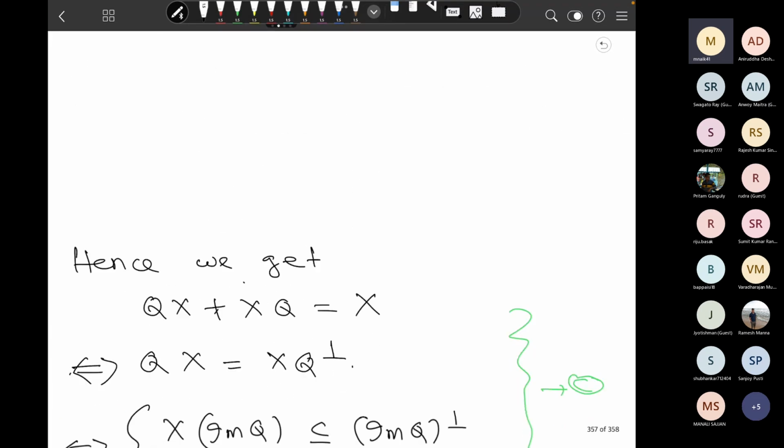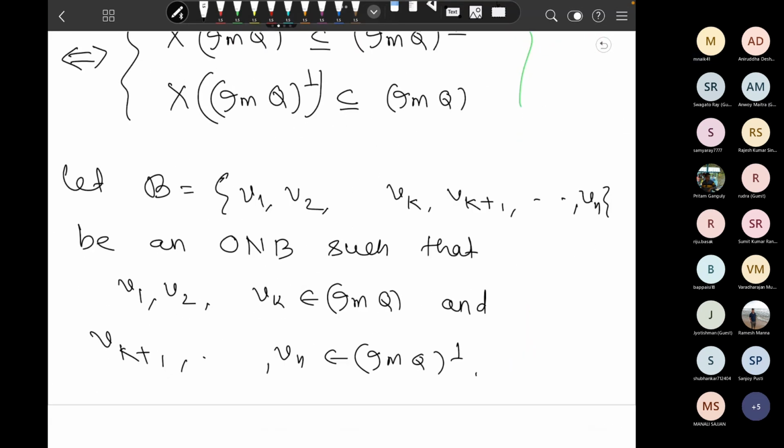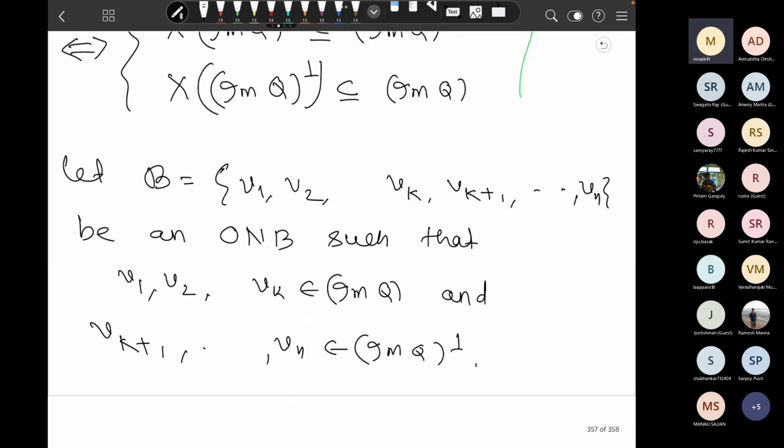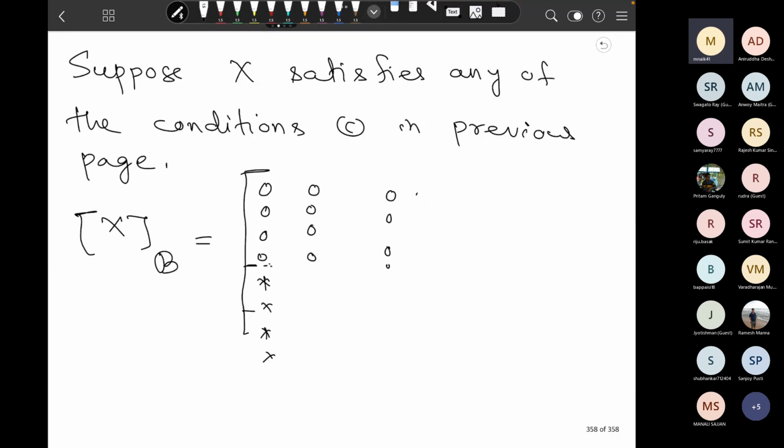Since X v1 will be inside image of Q par, the first k rows will be 0, and there will be something, star star star, here. This will happen for v2 also, up to vk, you will get 0. And X vk plus 1 lies inside image of Q, so there will be star star star, and there will be 0 0 0.